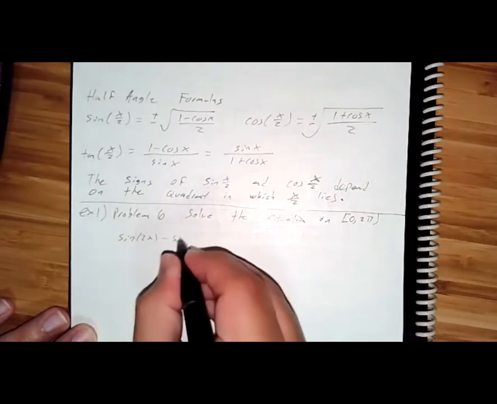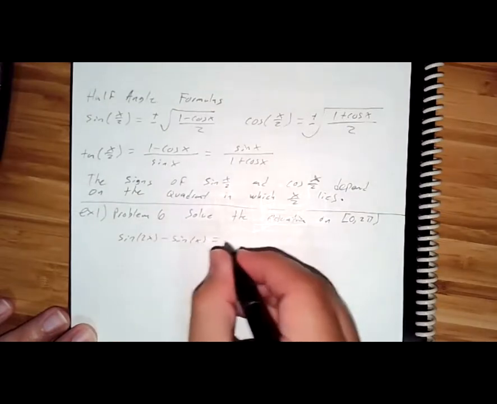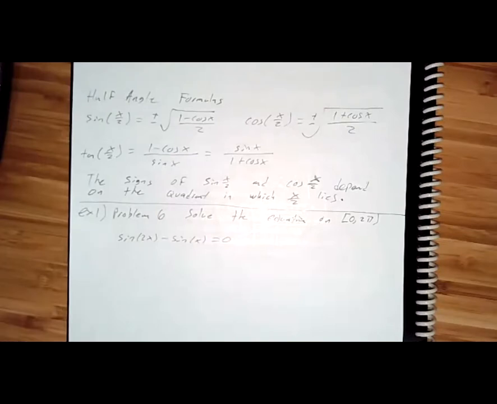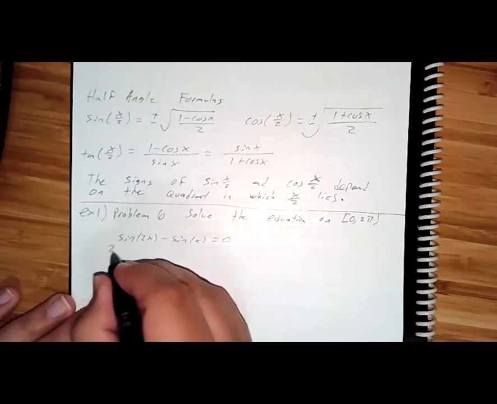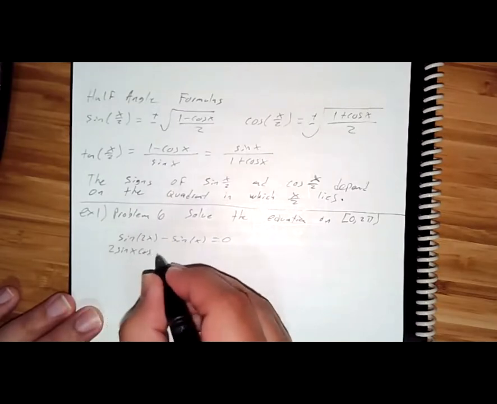It's just that this time I know that we're allowed to use double angle, so we will do so. So what is sine 2x equal to? Two sine theta cosine theta. Yeah. So this will be 2 sine x cosine x, right?